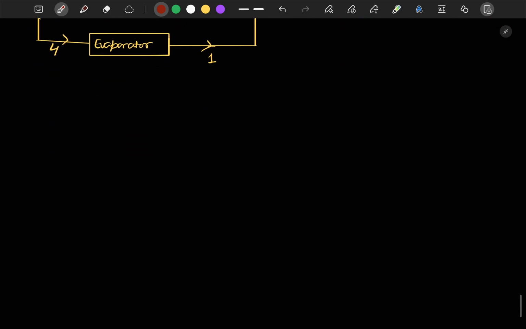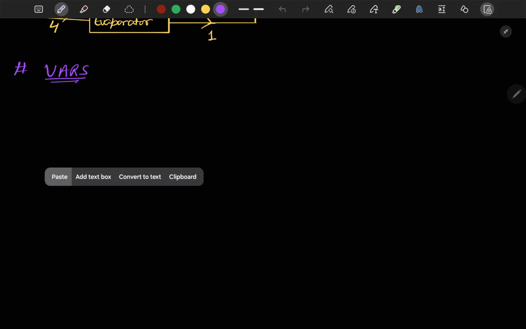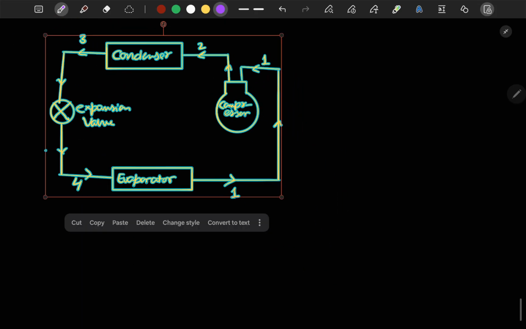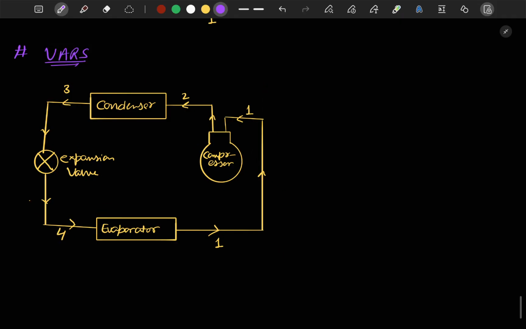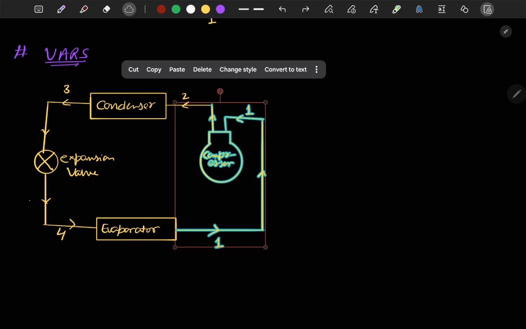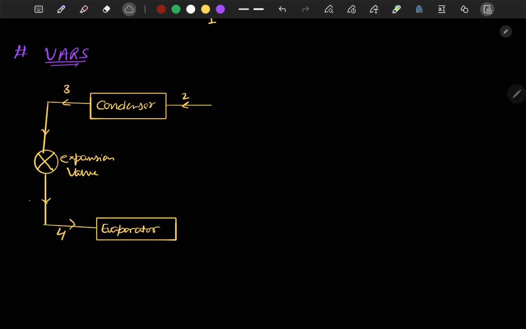Now let's draw the system for VARS, the vapor absorption refrigeration system. This was drawn earlier for VCRS. In VARS, the compressor is removed, and some new components are applied in the system, which result in our vapor absorption refrigeration system.